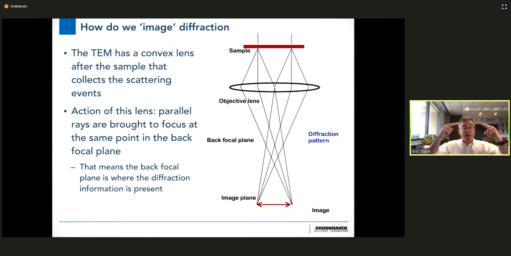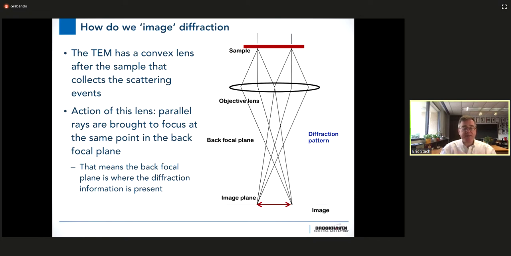If they propagate further down the microscope, there's a separate plane where they rejoin all of the other beams that came from the same part of the sample, and that's where you form an image. So because of the action of the lens, the parallel rays are brought to focus at the same point in the back focal plane, and that means the back focal plane is where the diffraction information is present.